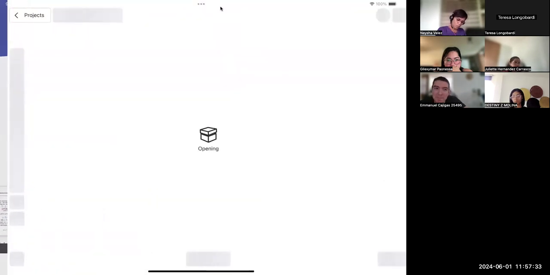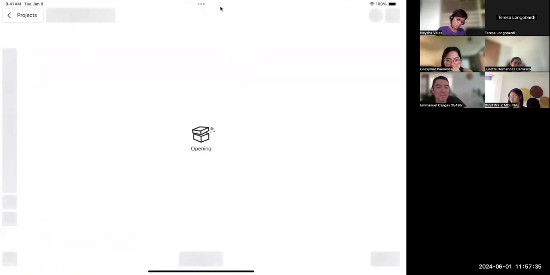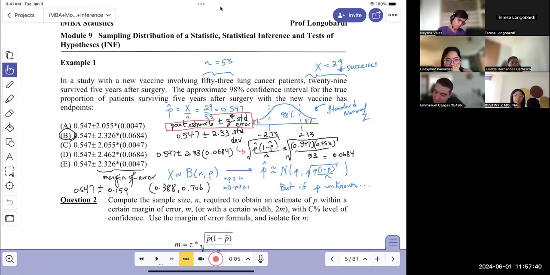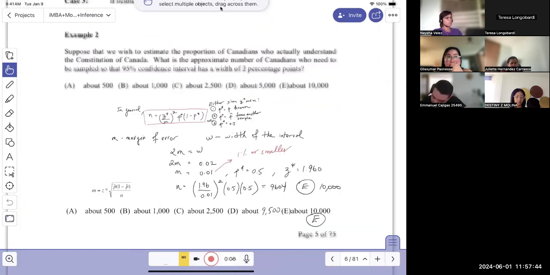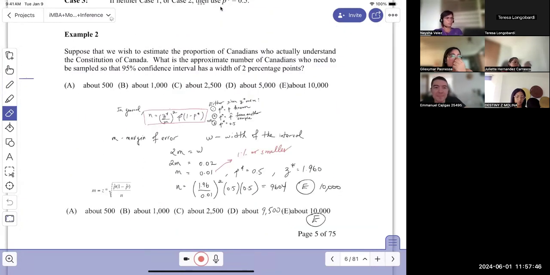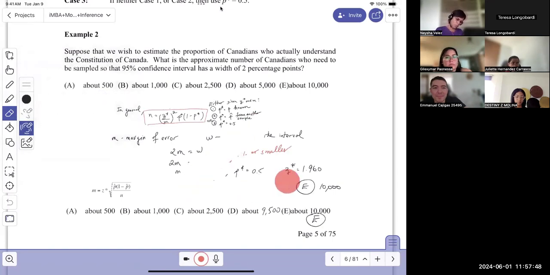The exercise is on page 6, or is it the bottom of page 5? Okay, so I solve it there. Let me clear this so we do it again.